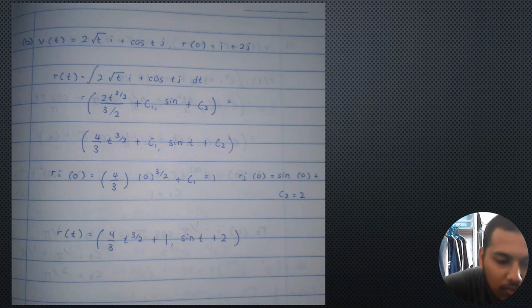After that, we need to find the value of i, so we get 1, and then for the value of j we get c2 the same as 2, and for the conclusion, it is 4 over 3 t to the power of 3 over 2 plus 1 sin t plus 2. So that is the answer for b.